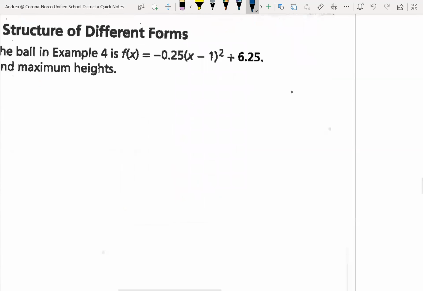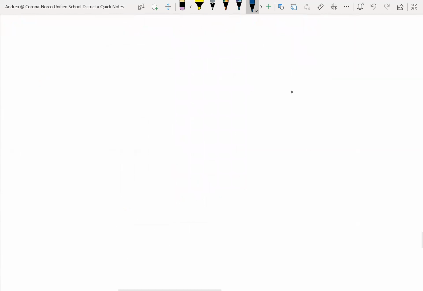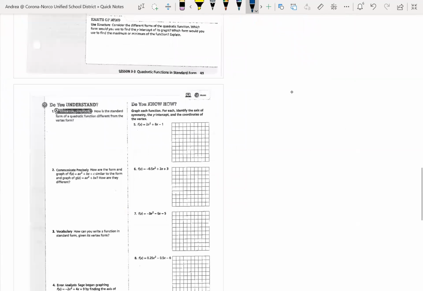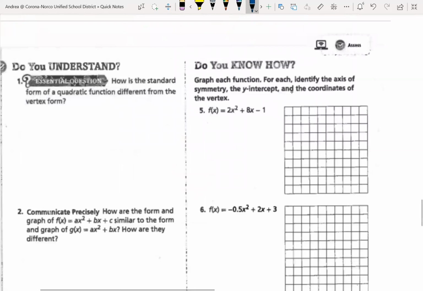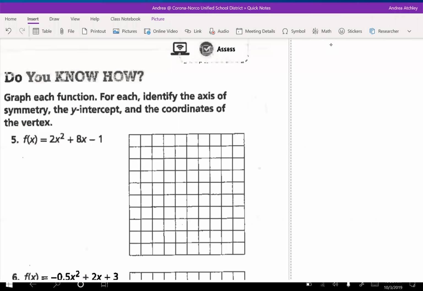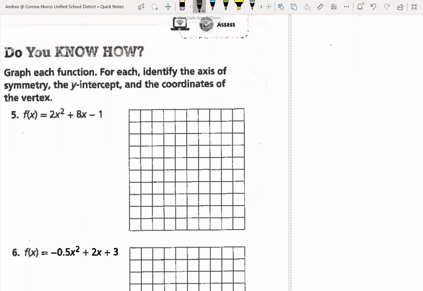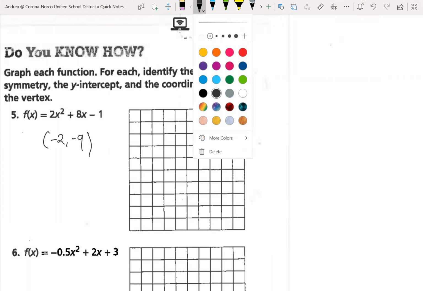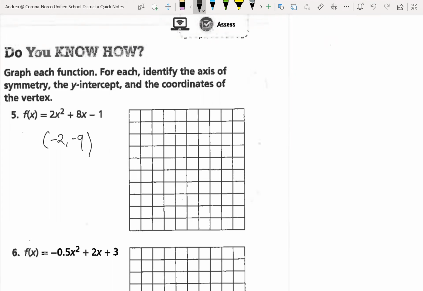go to the back page and try number 5. Graph that for me. So we found our vertex to be -2, -9. So we should have our x and y axis. The x-axis should be pretty high, so I can count down 9.